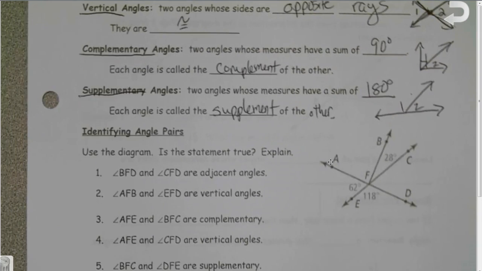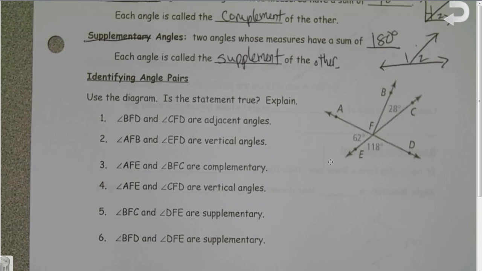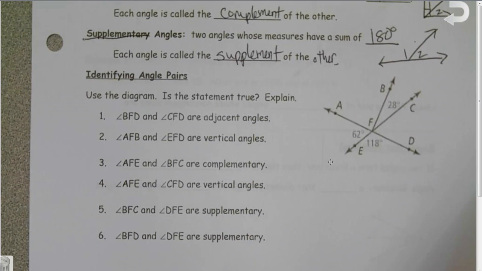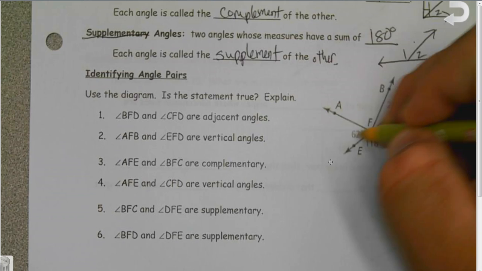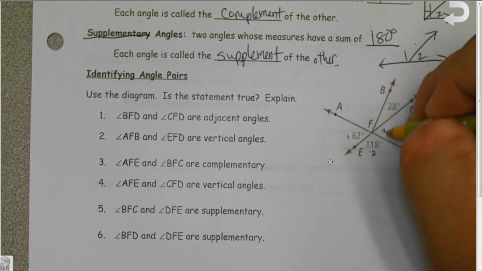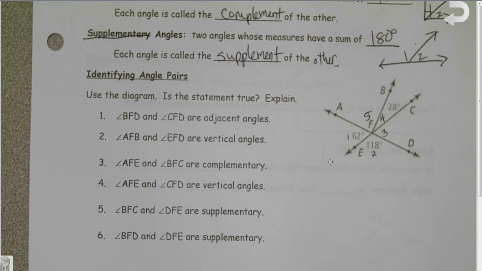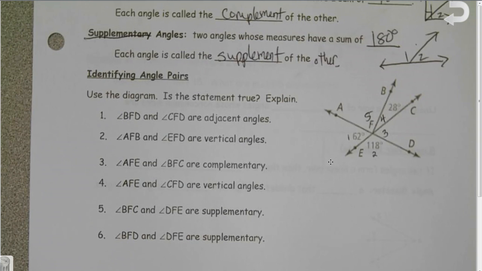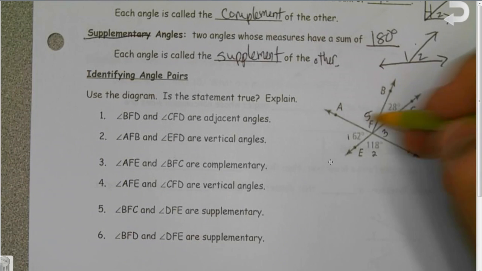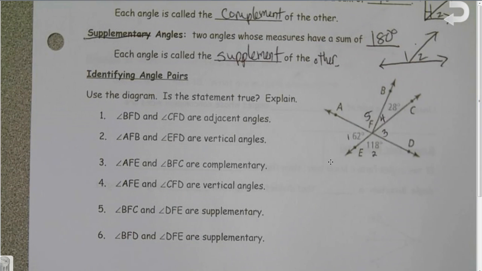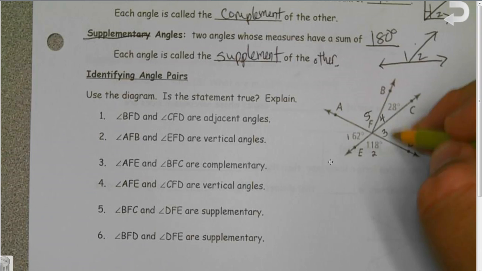So I have 6 questions that state simply true or false. You have a set of angles here. There are 5. But there also are bigger angles, like BFD is a bigger one, and AFC is a bigger one, 4 and 5 put together. We're going to talk about this too right now.